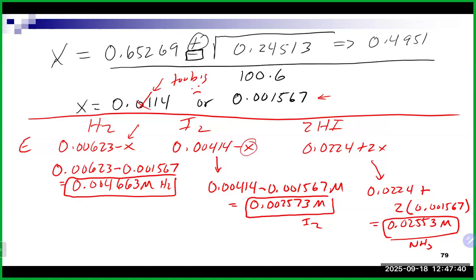So you pick an X value that's smaller, put it into your equilibrium expression, leave X alone and solve for it. If the number you get out is the same one you put in, then you're done. If not, you take the number you got, put it back in, and keep going until the number you put in is the same number you get out. Can be an all-day project if you're really crappy at it. So we will not do that, but just so you know, if you happen to see it in a book, sometimes they'll do successive approximation that way as well. All right, any questions on that?